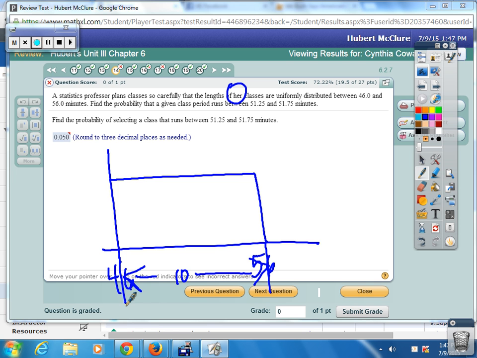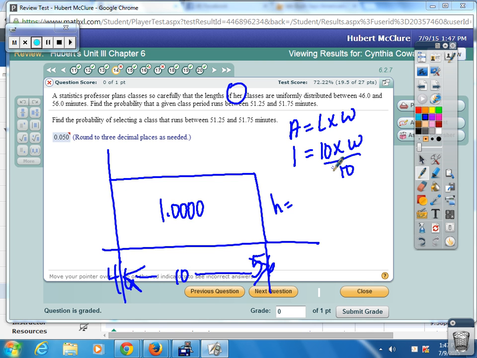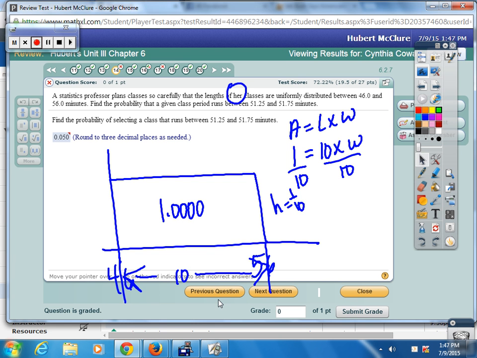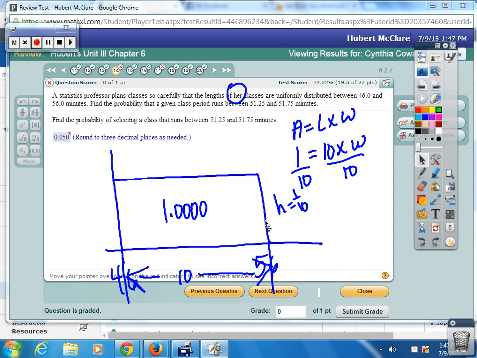That's right, class. So what is the height? Well, we know that the area under this curve is 1.000, so area is equal to length times width. 1 is equal to 10 times width. Divide by 10, divide by 10. Height is equal to 1/10. That's part 1. Remember, there's 2 parts to this.